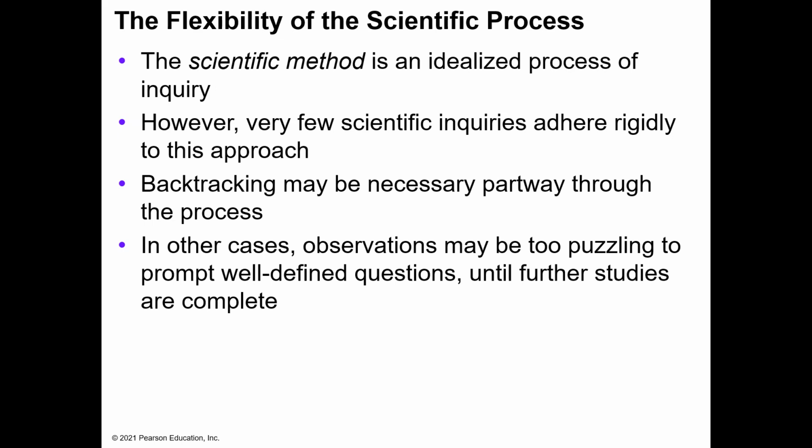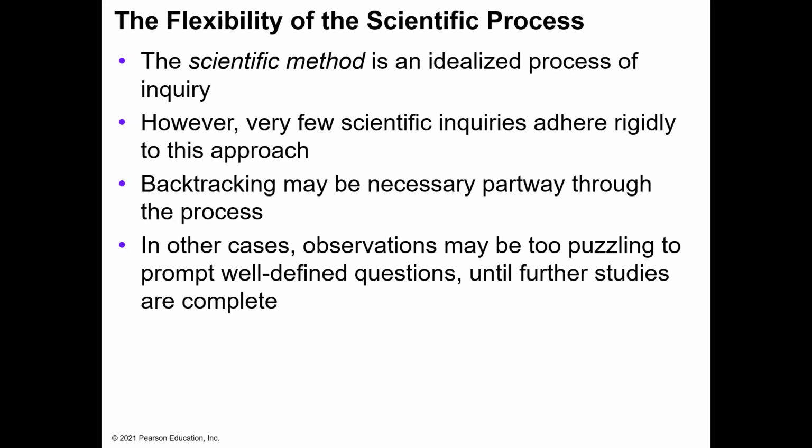A lot of times in science, things are discovered accidentally. A lot of science does follow the scientific method. A lot of questions are proposed, and then the experimentation process takes over and it follows the scientific method. But there are many cases where it does not, and you can start at any point in the scientific method.